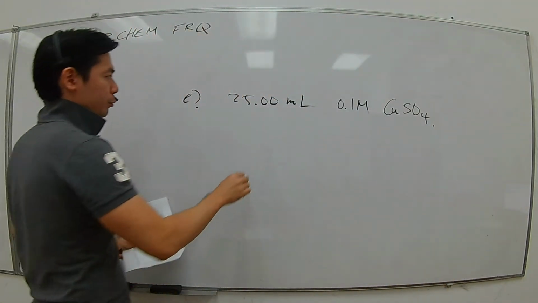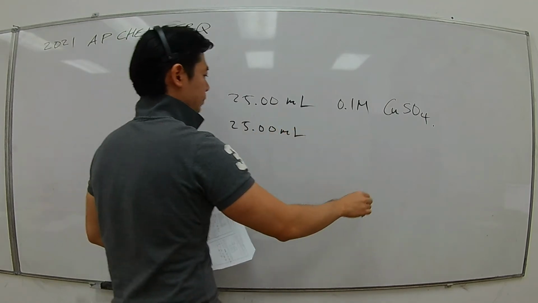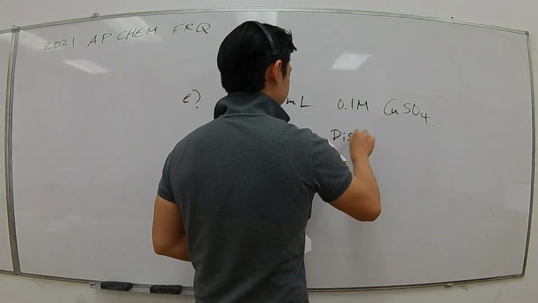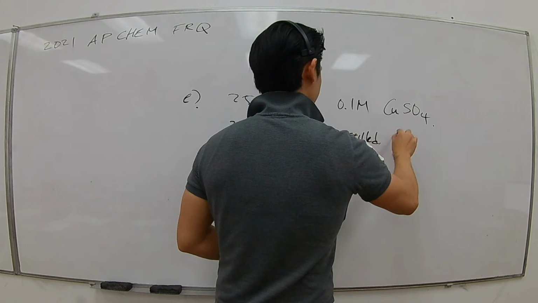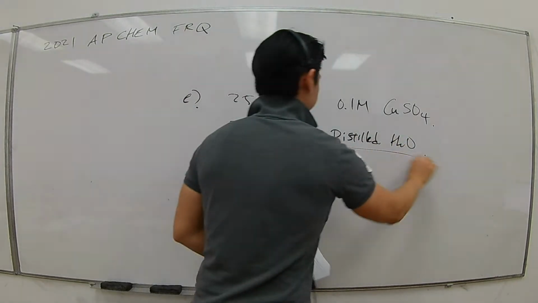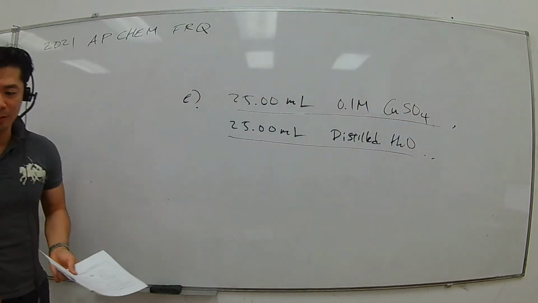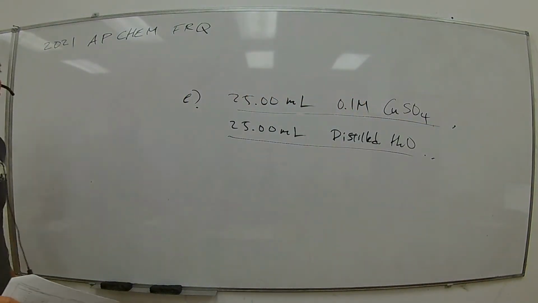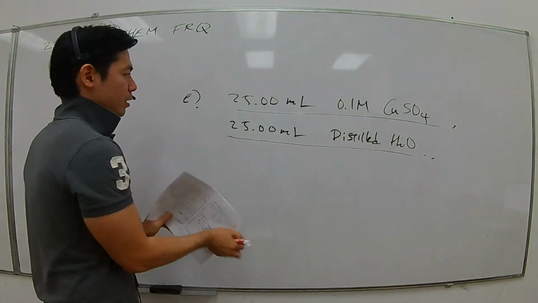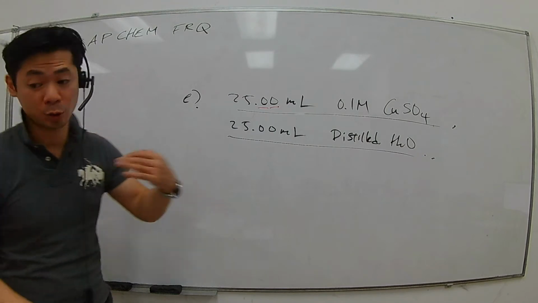We also need to add 25 milliliters of distilled water, and 25 milliliters of copper sulfate. I think the key part of the question is delivering exactly to 1/100th of a milliliter the copper sulfate and also the water.